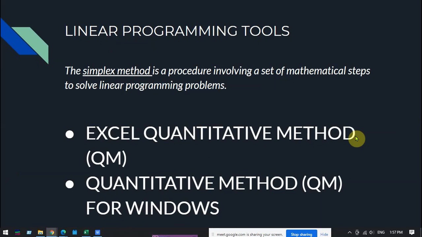Right. So, linear programming tools. Just remember that in linear programming problems, we solve them using what is called the simplex method. Even before, when there were still no computers and all these tools available, the mathematical procedure being used is the simplex method.